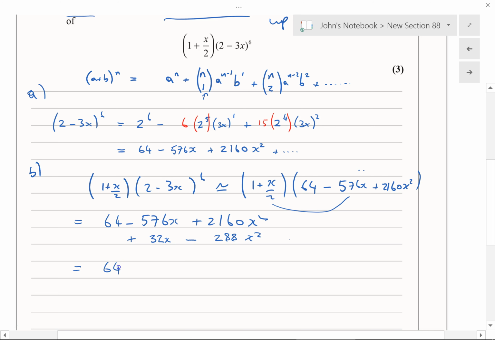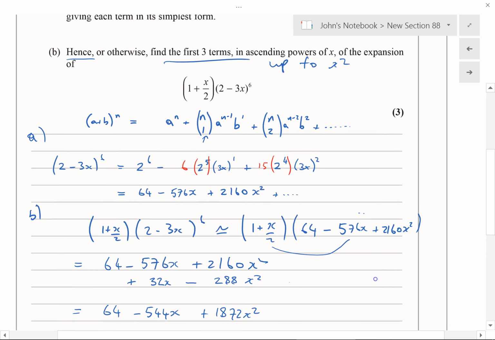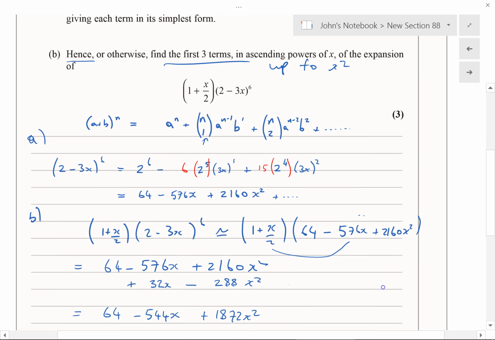So that's 64 minus 576 plus 32, so that's minus 544x, and then 2160 take away 288, so that's equal to 1872x squared. Okay, so 7 marks now there.